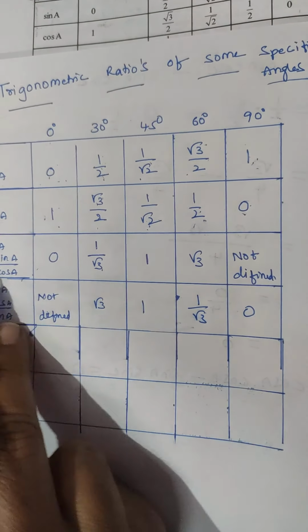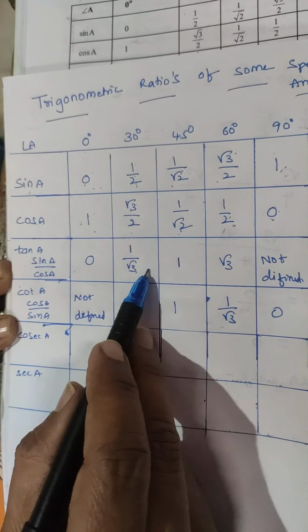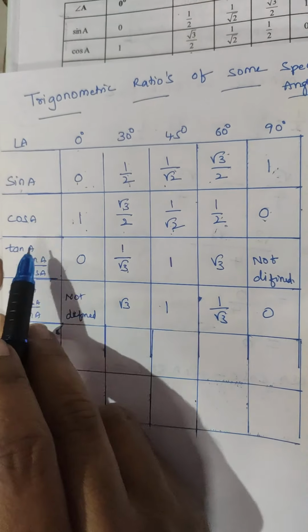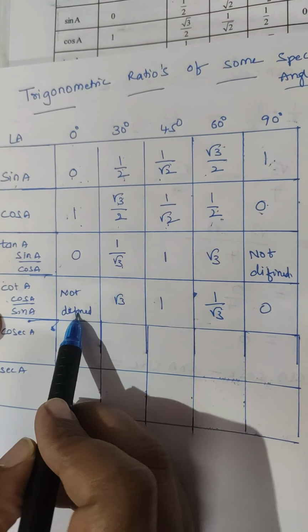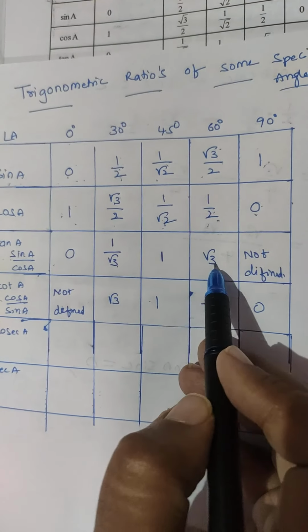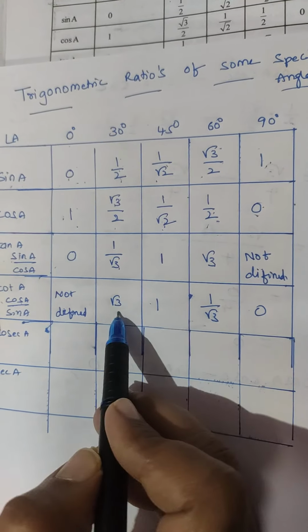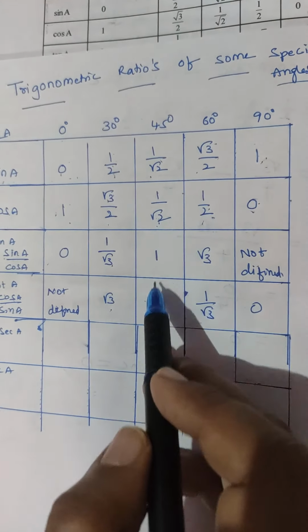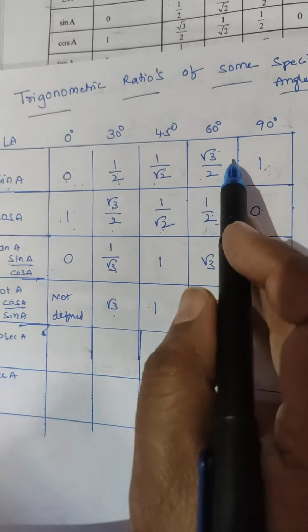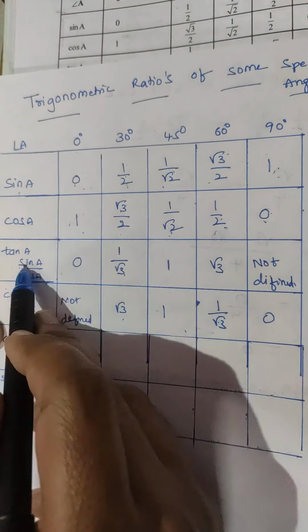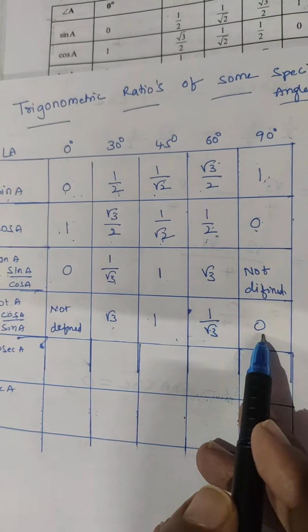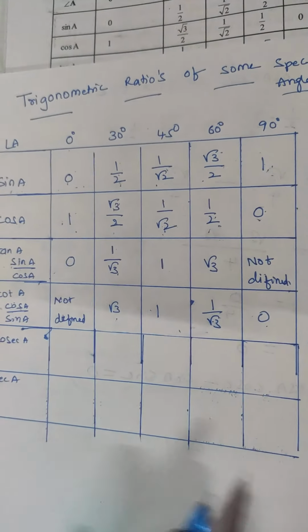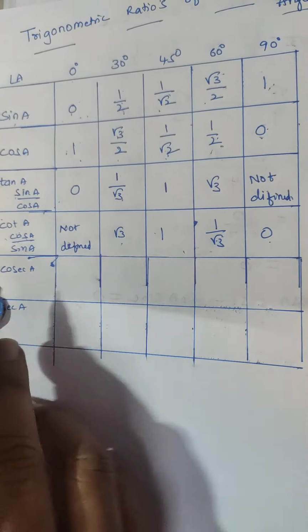It is just the reverse of tan and cot. Tan 90 is not defined, cot 0 is not defined. Tan 60 is root 3, cot 30 is root 3. Tan and cot 45 degrees is 1. Cot 60 degrees is 1 by root 3, that is tan 30 degrees. Cot 90 degrees is 0, that is tan 0 degrees is 0. So this is tan and cot.